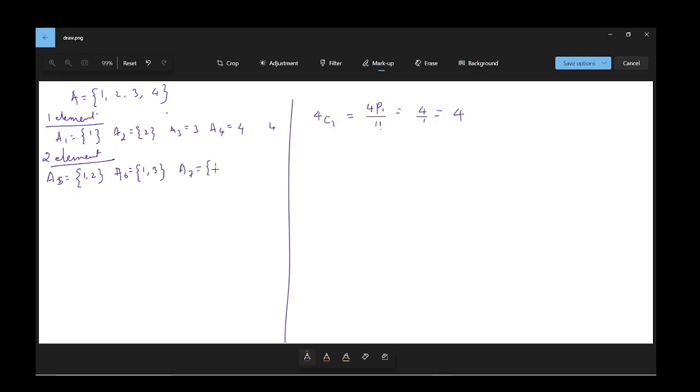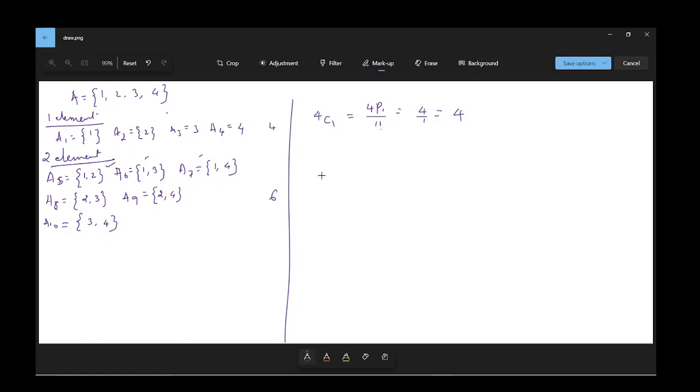A7 is 1 comma 4. A8, I'll start combining 2 with other elements except 1, because 2 is already paired with 1. 2 comma 3, 2 comma 4. Finally A10, we have to combine 3 and 4: 3 comma 4. So totally we have 6 here: 1, 2, 3, 4, 5, and 6.